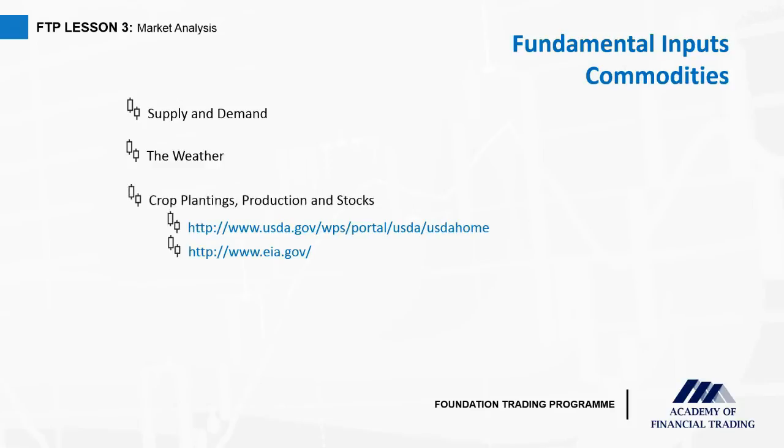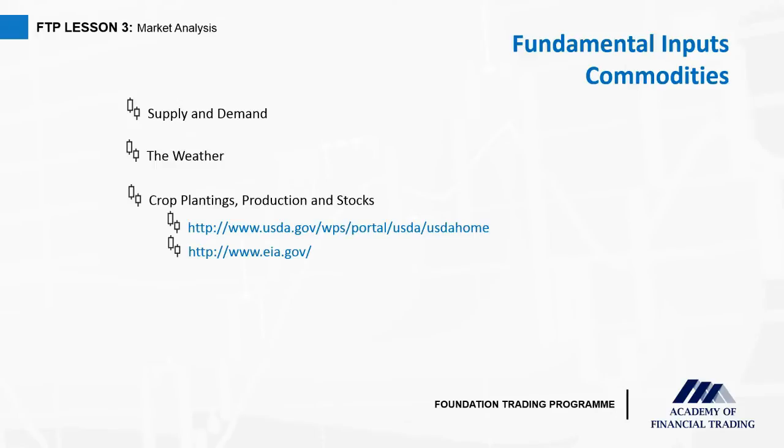You also need to consider things like crop planting, production and stocks. So this is your production and corn reports, etc. Now, there are several reports from the US Department of Agriculture that are helpful in your research and trading of corn futures and options.